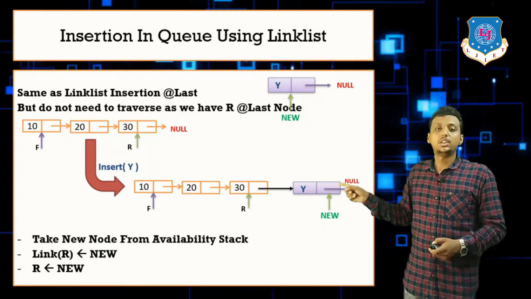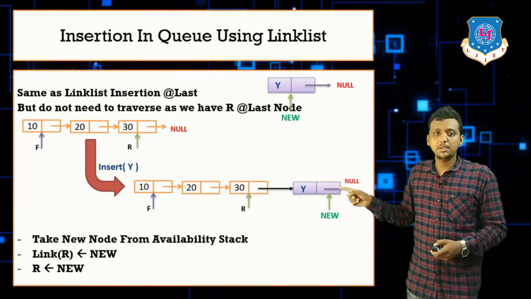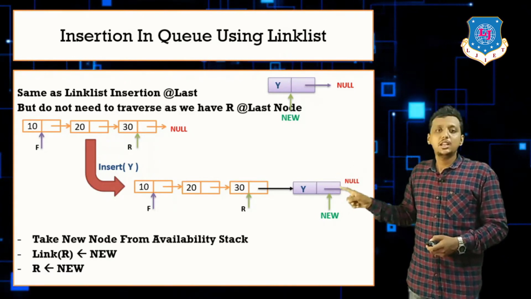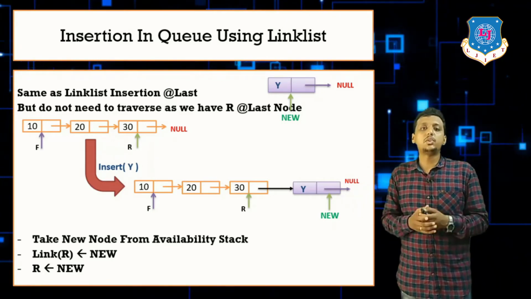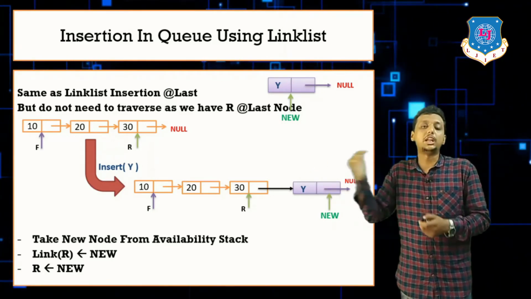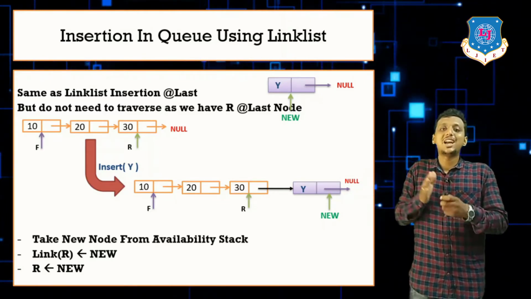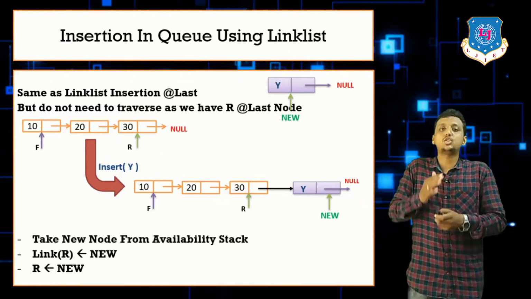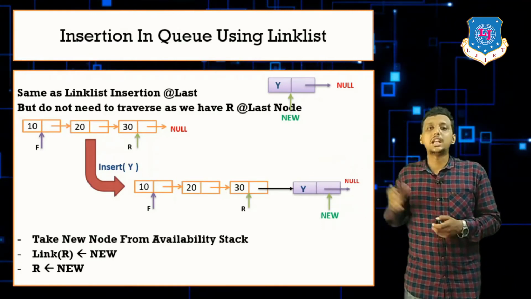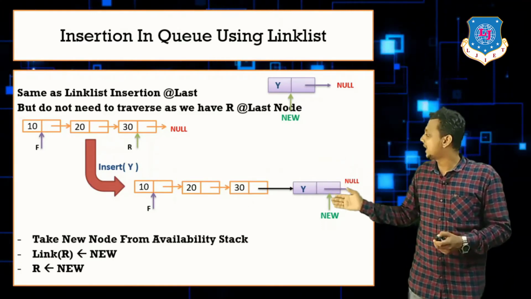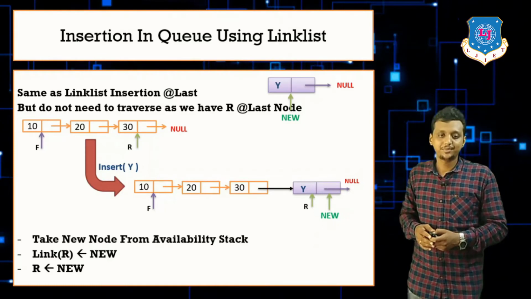Fine. Now the next step, students, is that R is going to be incremented. If you know, R is incremented, but here we cannot write R is equal to R plus plus. So we just need to move our R to the next node. That means R arrow link of R. Fine.